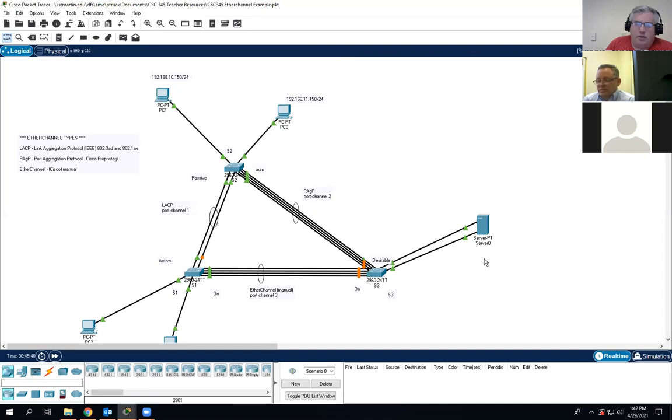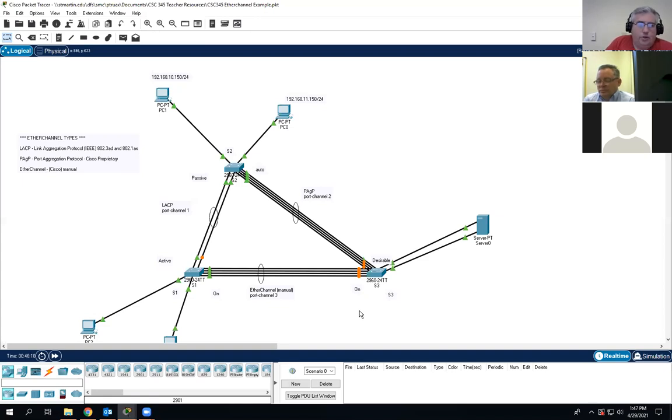Then Microsoft has their NIC teaming, which is incompatible with PAgP or LACP, but I believe servers can also do LACP, which is, like I said, industry standard. You can also just do straight up Ether channel, which I think is what the standard NIC teaming is now that I think about it. And with Ether channel, it's just set to on and on. That's it. You just turn it on.